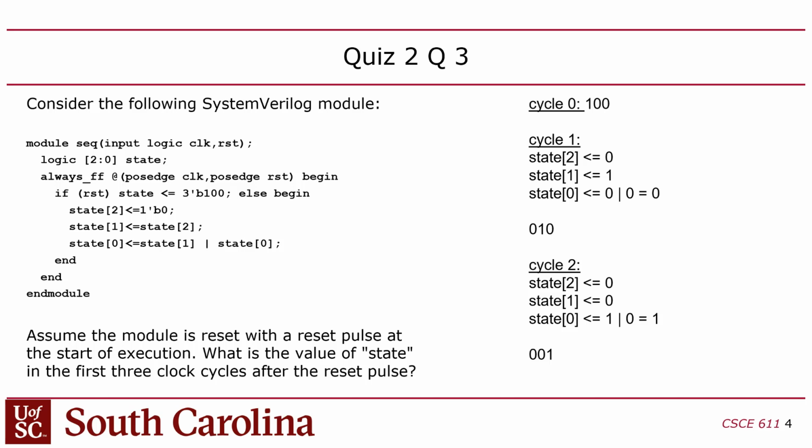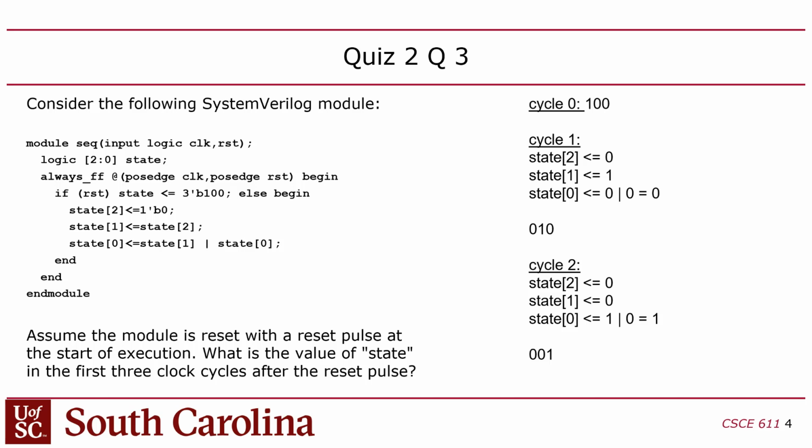So the next state is 0, 1, 0, right? And then in the third cycle, again, state 2, I'm starting with the most significant bit, is 0, it's always 0. State 1 is going to be the most significant bit from the last cycle, which is 0, right? And then state 0 is the OR of these 2 bits, right? So that's 1, so 0, 0, 1.